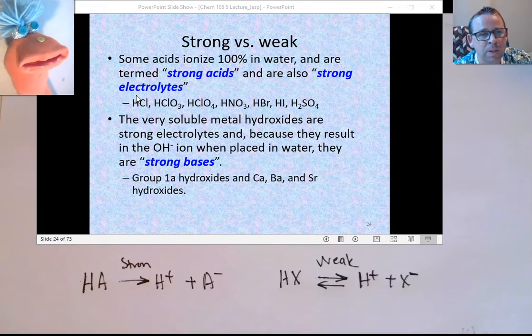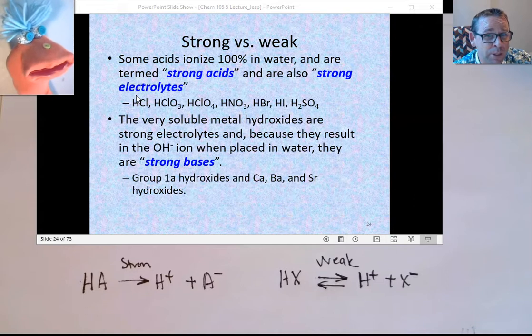This list of strong acids is just something that we're going to have to become familiar with gradually. And our method of determining whether an acid is a strong acid is unfortunately as simple as, is it on our list of strong acids for now?